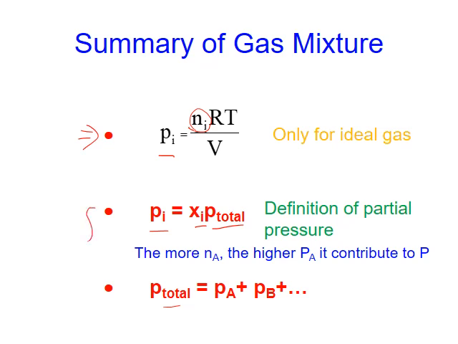The second and third equations, although derived from the ideal gas law, apply to non-ideal gas because the contribution of each gas to total pressure must be proportional to the mole fraction or percent of the molecules in the system, and the total pressure must be the sum of the partial pressures.